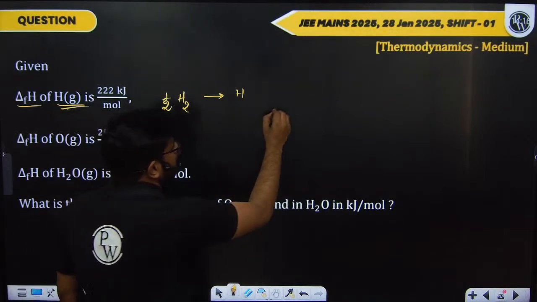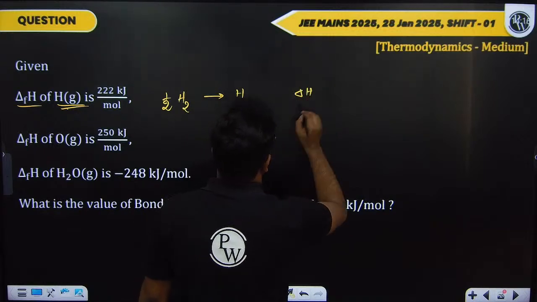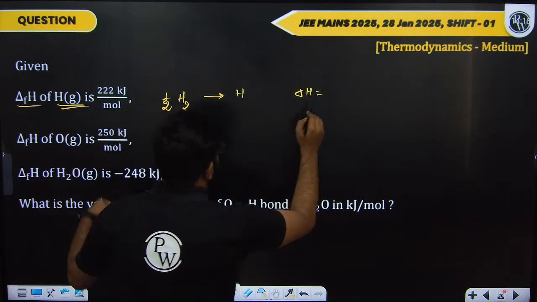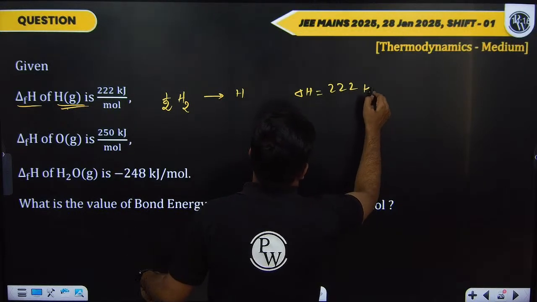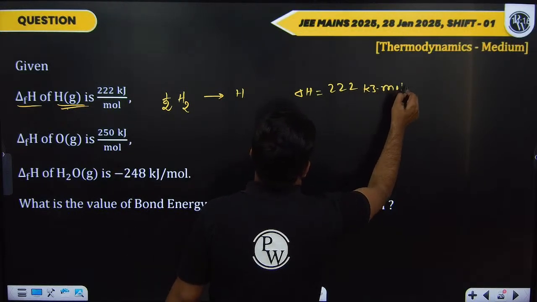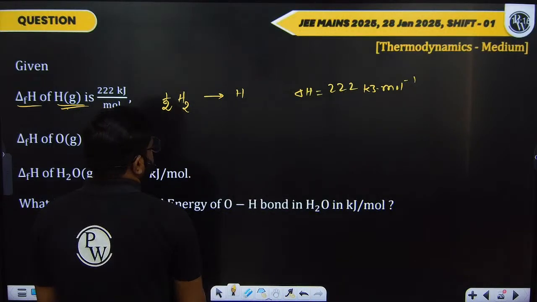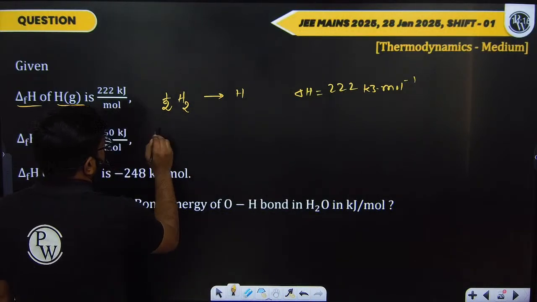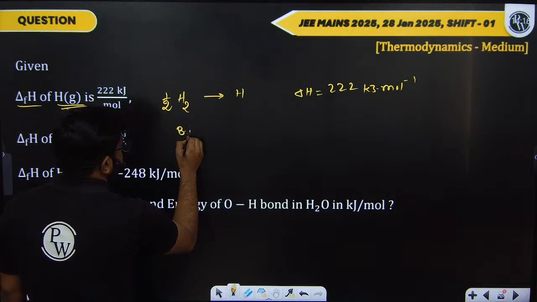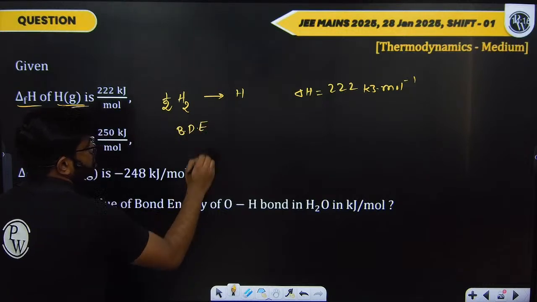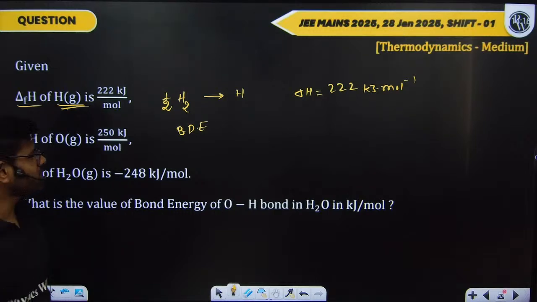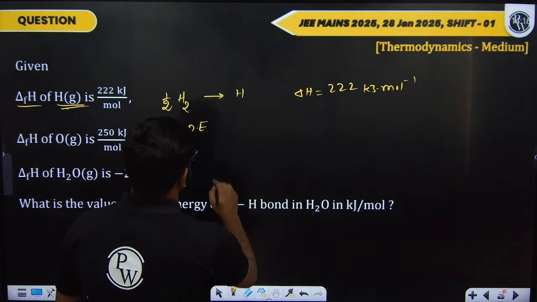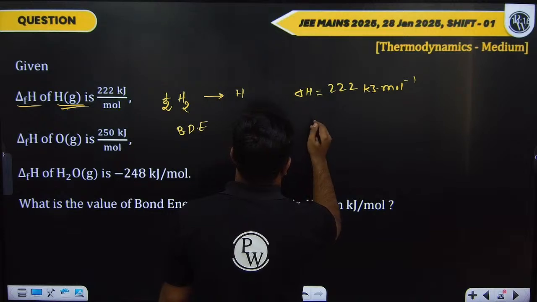Then this enthalpy they have given. That means what will be the bond? I find out the bond energy, that should be divided by 2, correct?